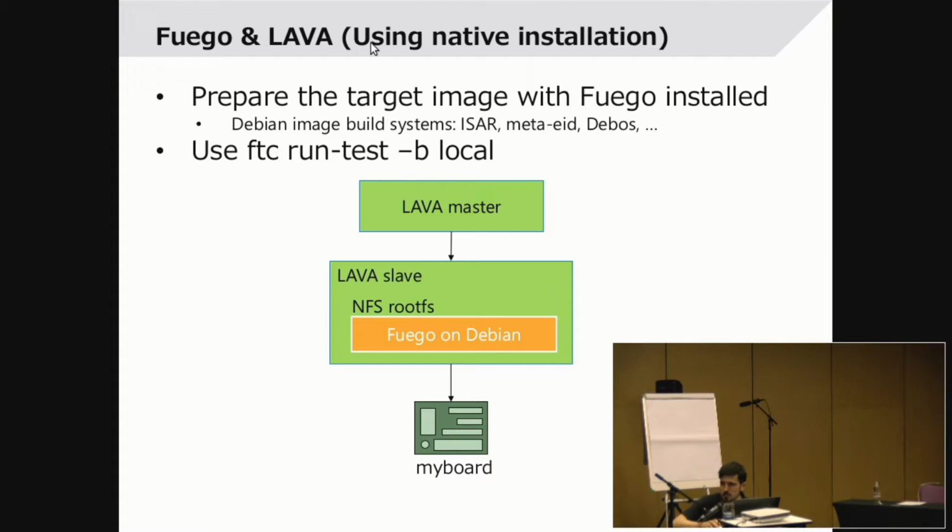This is especially suited when you're using an image that has a generic operating system with packages, like Debian. And here I show a few tools that can be used to create these Debian images: ISAR, Meta8, and Devos. In this demo, I'm going to use Devos, but ISAR and Meta8 have some more functionality than Devos.